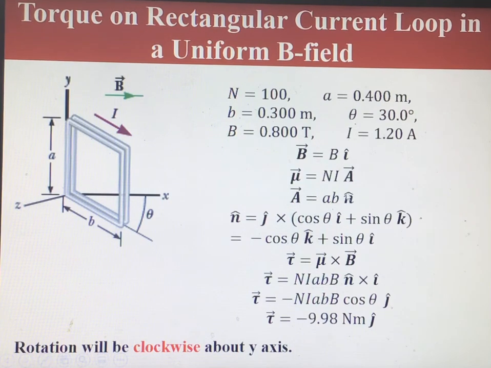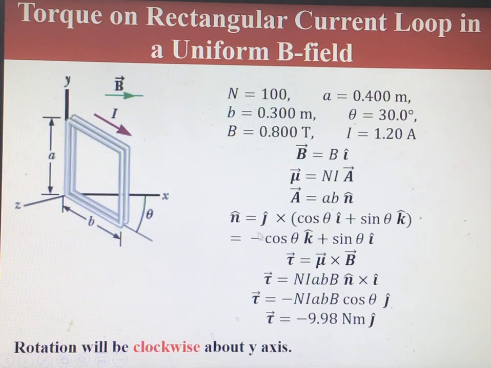Now n hat is the vector that is at 90 degrees with respect to this surface, and I can calculate n hat by taking the cross product of j hat and the unit vector that is pointing in this direction right here. The unit vector that is pointing in this direction is just given by cosine theta i plus sine theta j. If you do the cross product, you get your n hat, which is equal to negative cosine theta k hat plus sine theta i hat.